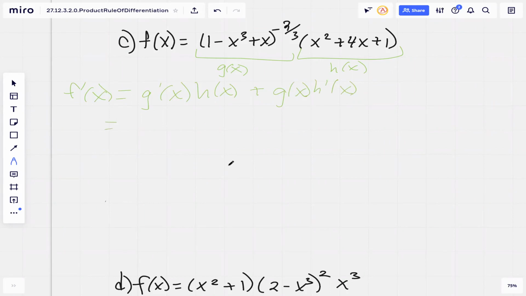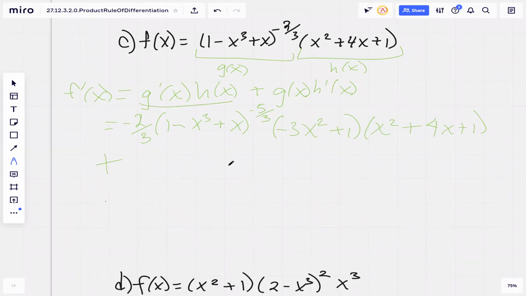Let's start plugging things in. Negative 2/3 of 1 minus x cubed plus x raised to the power negative 5/3, times, we're going to use the chain rule, negative 3x squared plus 1, multiplied by our H, x squared plus 4x plus 1. That's the first term.